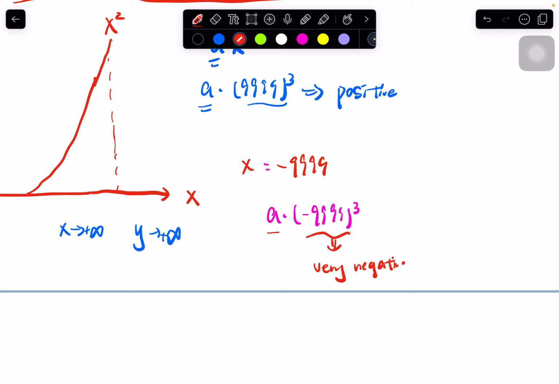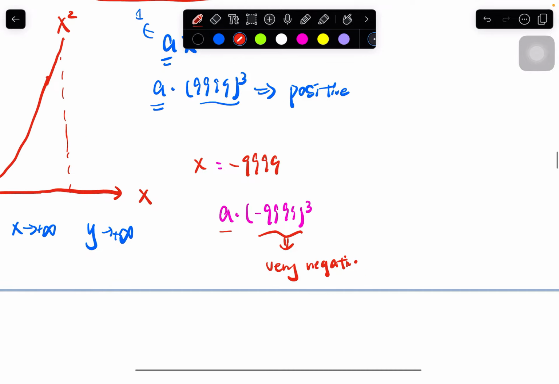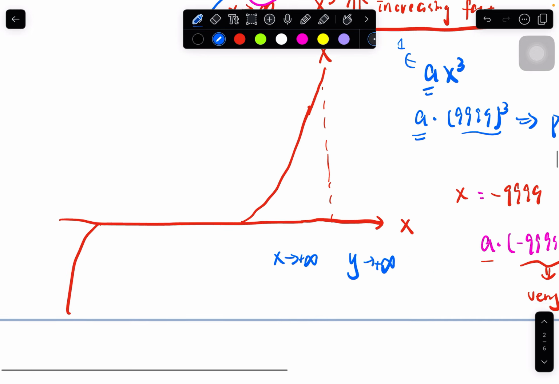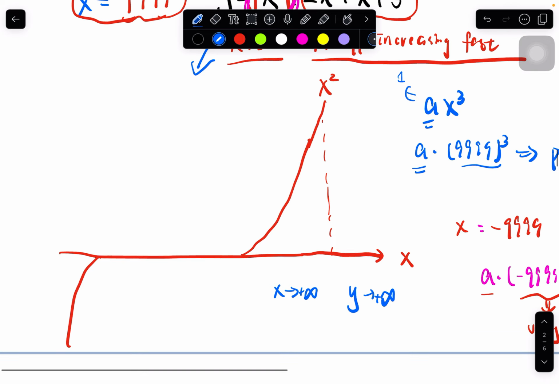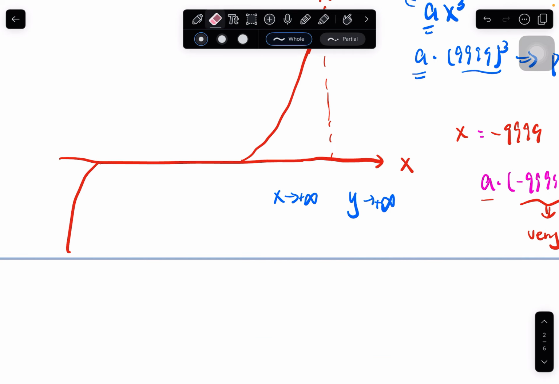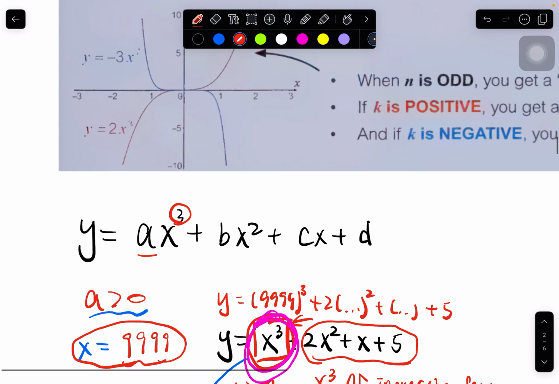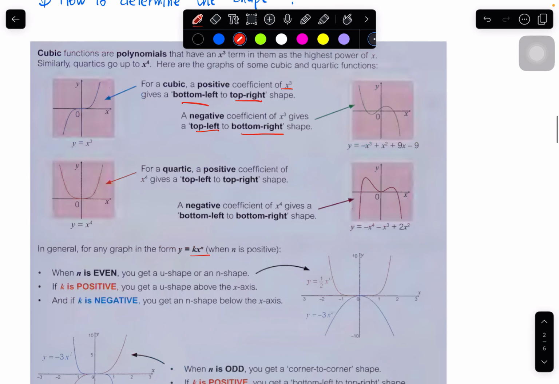A very negative number times a positive number, you get a negative number. So here, when x is very, very small, y is also very, very small. So we got the pattern of bottom left.